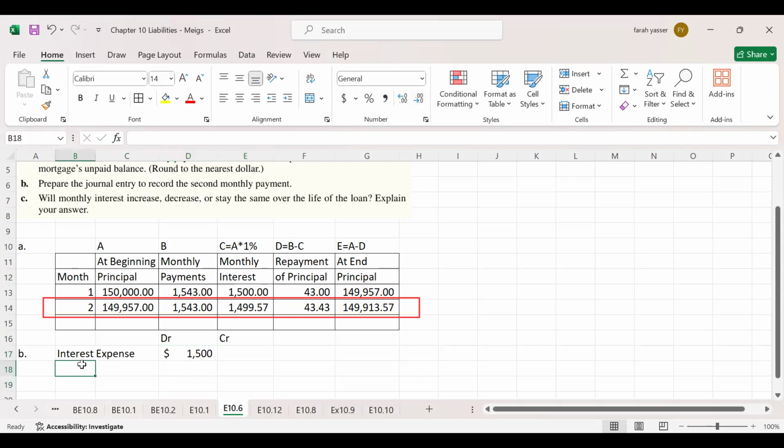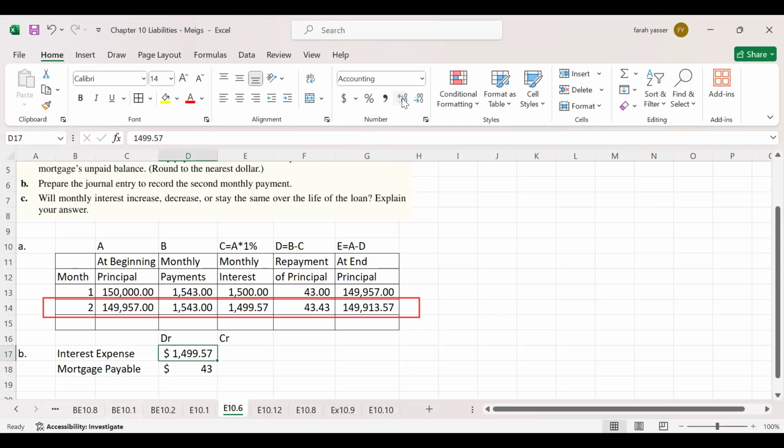Then the repayment of principal is also there. So mortgage payable, which is the repayment of principal, is $43.43.